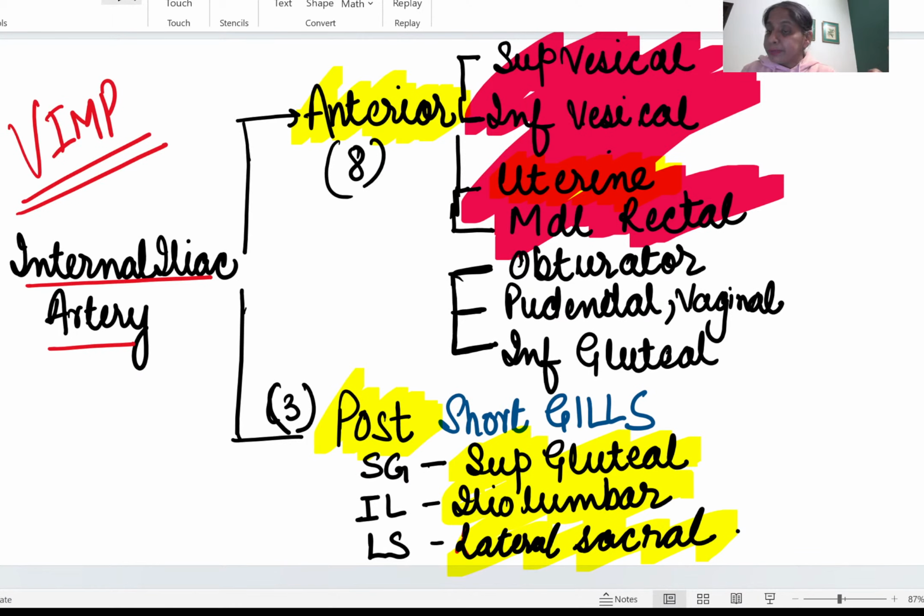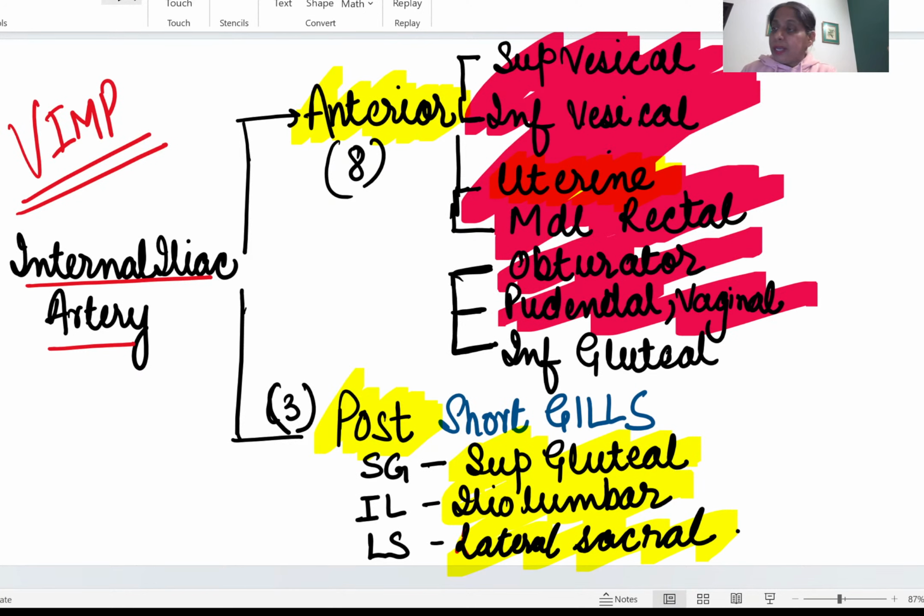Is it okay? Now the other four branches, how are you going to remember them? You know that the thigh is anterior, then comes the vagina, then comes the gluteal region. So obturator, then pudendal and vaginal, and then inferior gluteal.